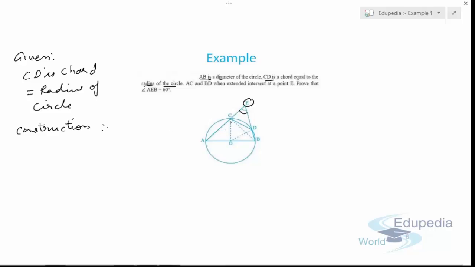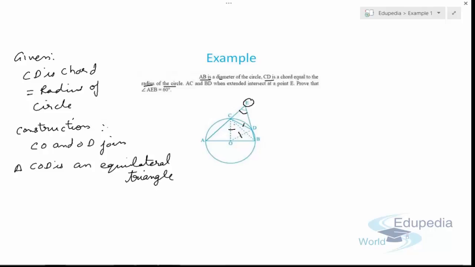Construction is we join point C to O and O to D, which forms a triangle. If you see properly, CD is equal to the radius, CO is the radius, and OD is the radius. So we can say that triangle COD is an equilateral triangle.